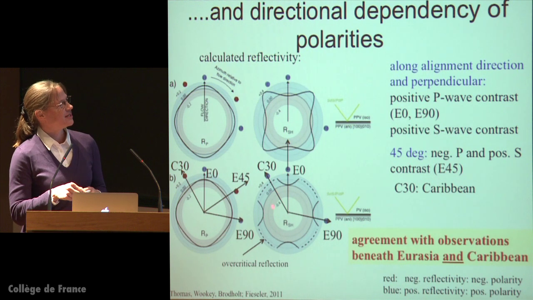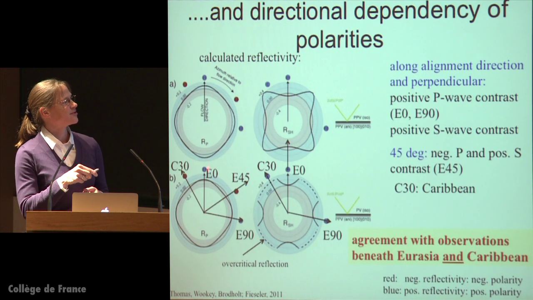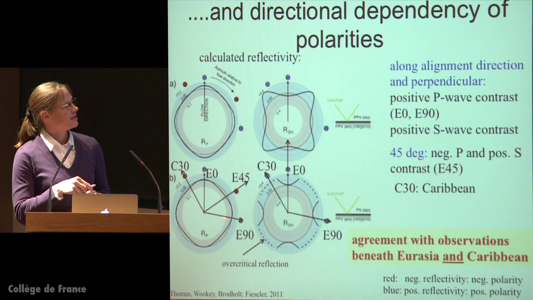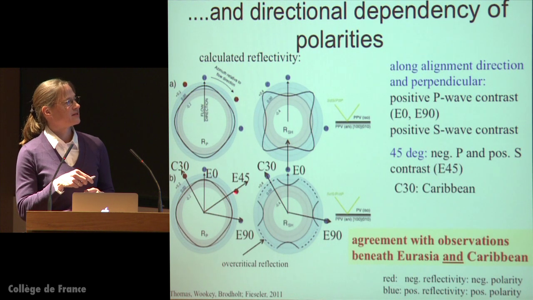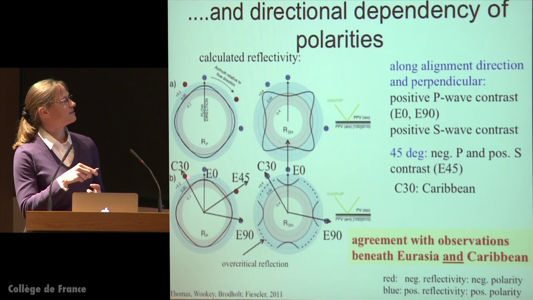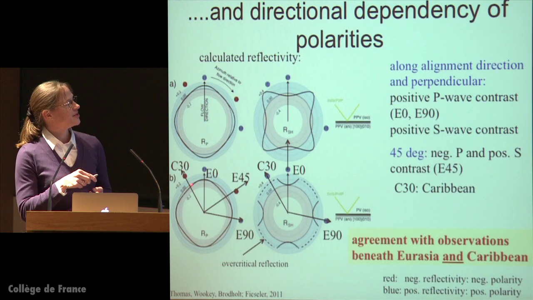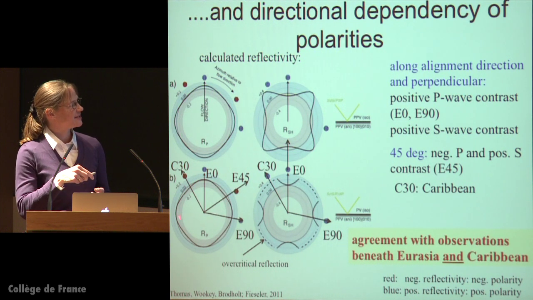And what's shown here is also the directions of the waves that we look at. E0 is the north-south direction in Eurasia. E90 is the east-west direction in Eurasia. E45 is the 45-degree path, and C30 is the direction in the Caribbean. And what you can see here is reflectivity.